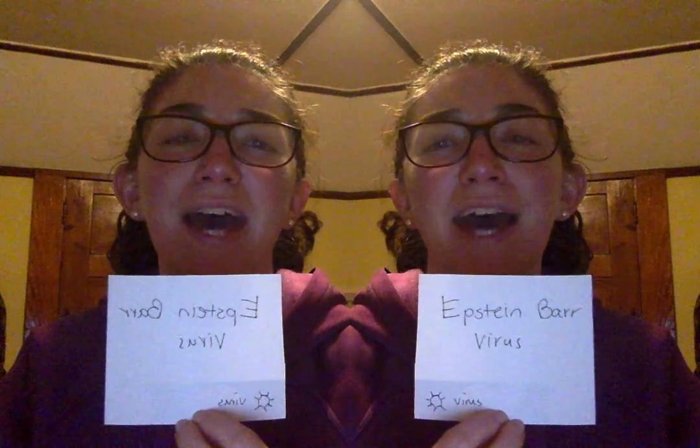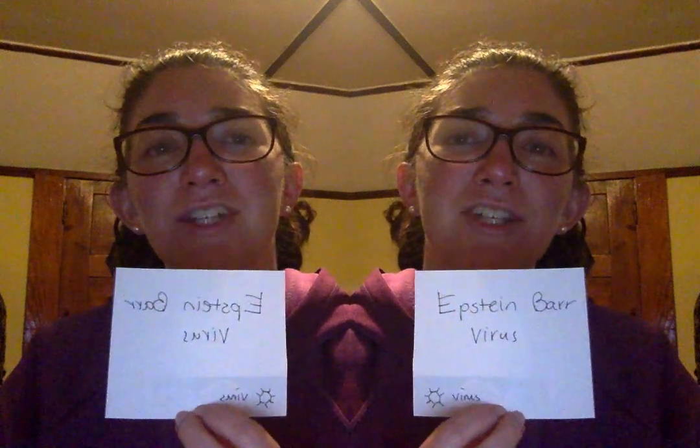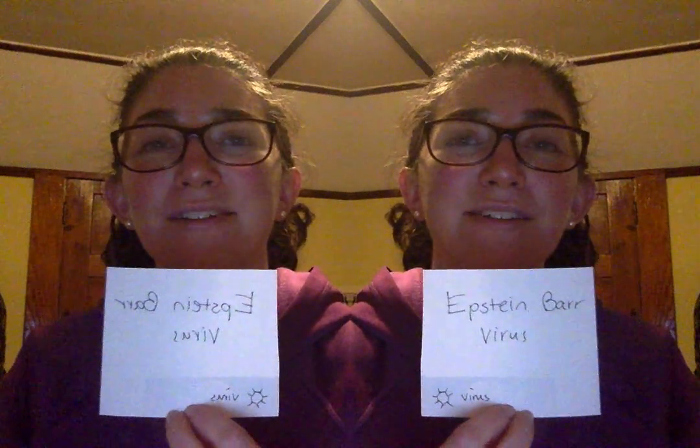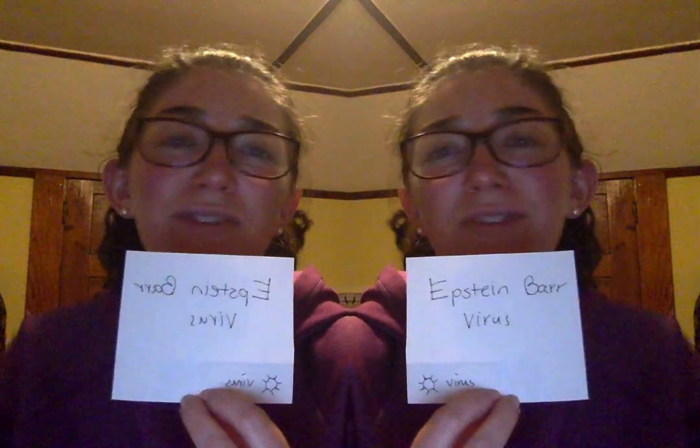It infects the lymphatics. So it depends on the age that you get infected, what sort of symptomatology you have. Now, of course, there are always outliers. There are kids who get full-on mono, and there are adults who probably get the virus and don't even know they got it. But Epstein-Barr virus is the virus that causes mono. It's also called EBV for short, most commonly.